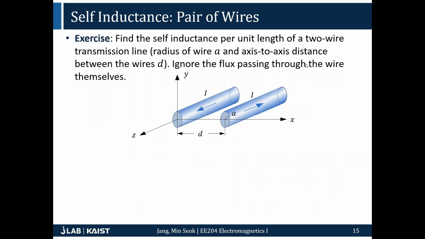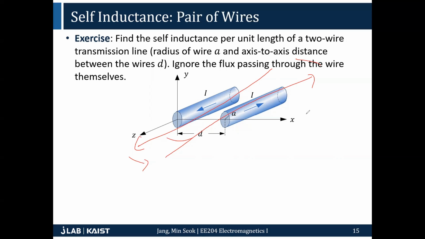And another exercise is this. By the way, this exercise is about a pair of wires. What it says is you have a wire here and a wire there, and these wires are parallel and infinitely long. And of course, in the end, it is connected somehow, right?